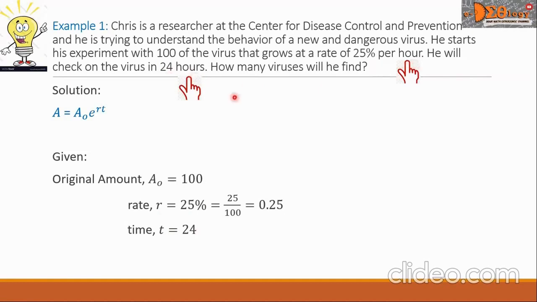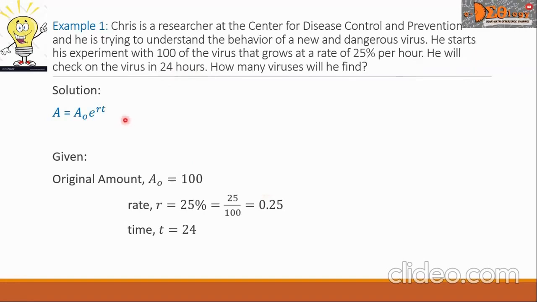So we verified now that they are the same. If they are not the same, you need to do some manipulation for this unit of measurement for time to conform with our rate. And then, let's go now to our computation.